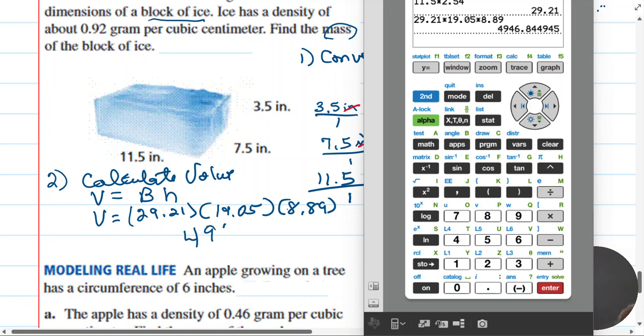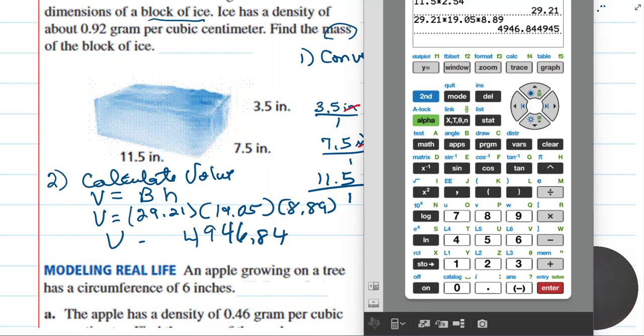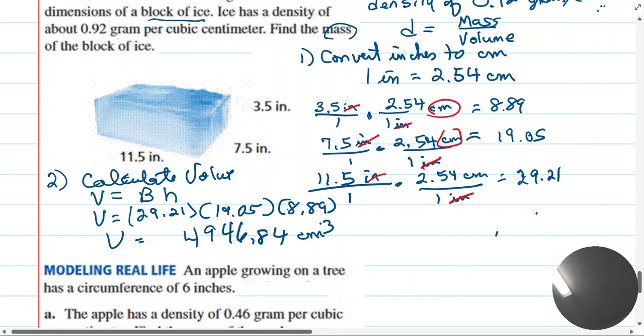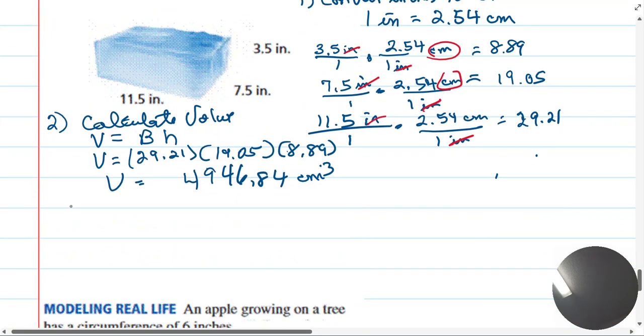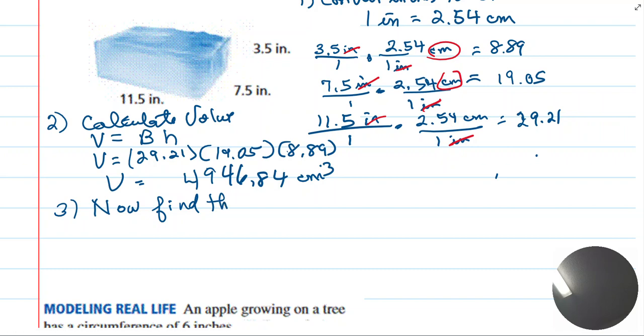All right. So our last step is finding the mass. We said above that density times volume equals the size of the mass.